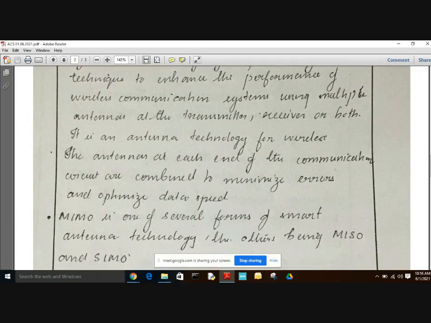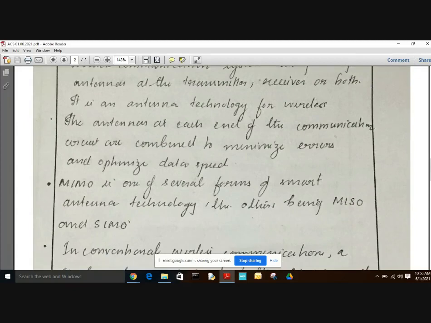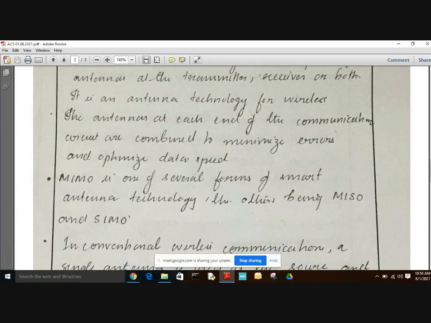MIMO is one of several forms of smart antenna technology, other than MISO, that is multiple input, single output, and SIMO, that is single input, multiple output. Compared to both, MIMO is a smart antenna technology used in wireless systems.